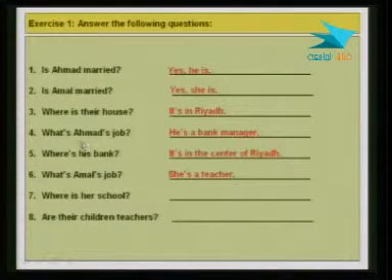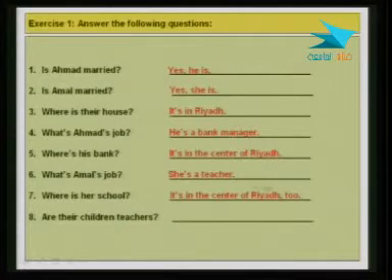In question 4, we already mentioned his name, so we don't need to say Ahmed's name again, so we use this pronoun here, his bank. And here, we mention Amal's name, right? We already said that. And then here we say her. Where's her school? The answer is, it's in the center of Riyadh, too. Too here means أيضا. All right.